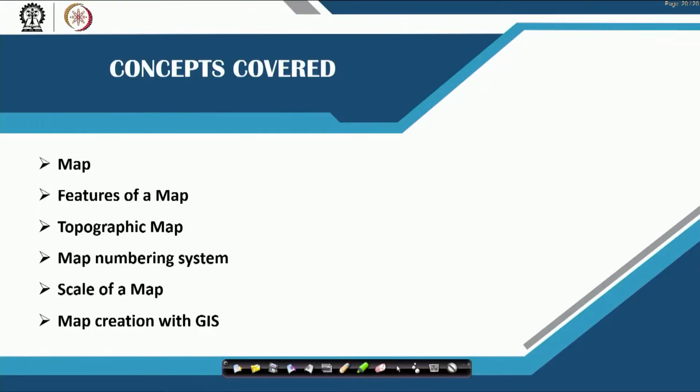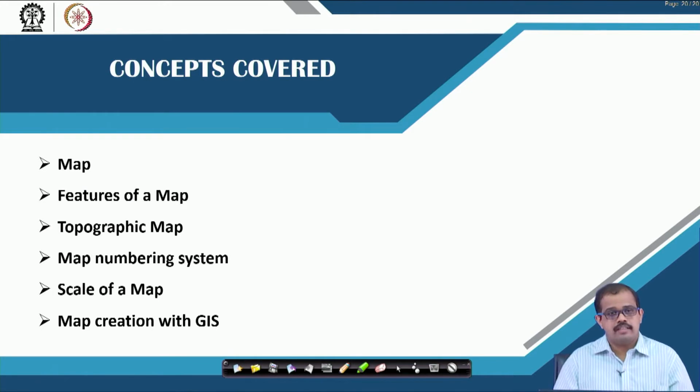As I said, the first thing is what is a map, then features of a map, then what do you mean by a topographic map, then the very important thing, the map numbering system. India and adjacent countries is the convention that we use for the Indian map numbering system, which we would look at in this lecture.